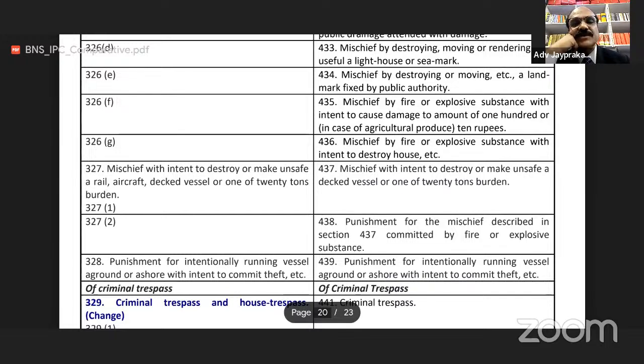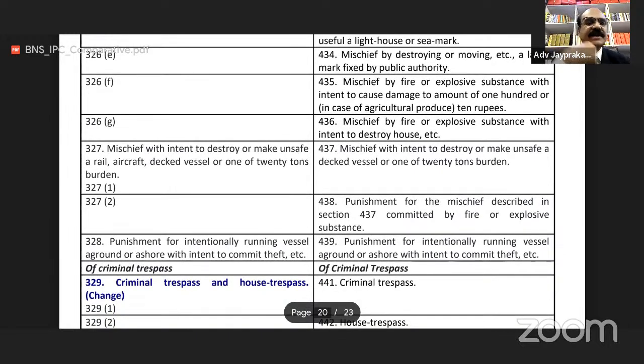Its corresponding section was in IPC 435. In BNS section 326G, mischief by fire or explosive substance with intent to destroy house. Its corresponding section was 436.